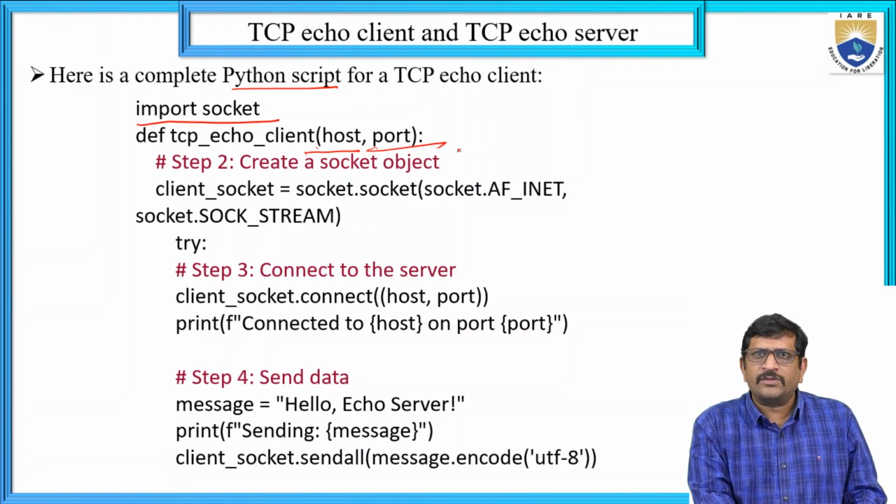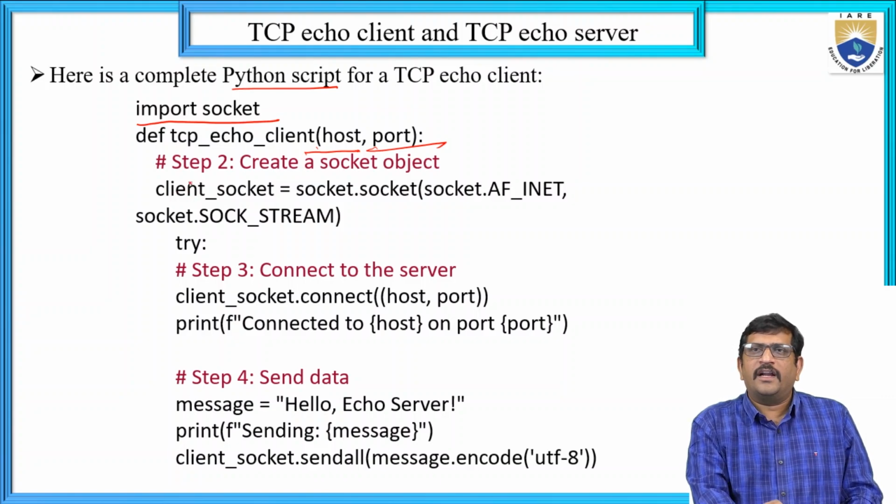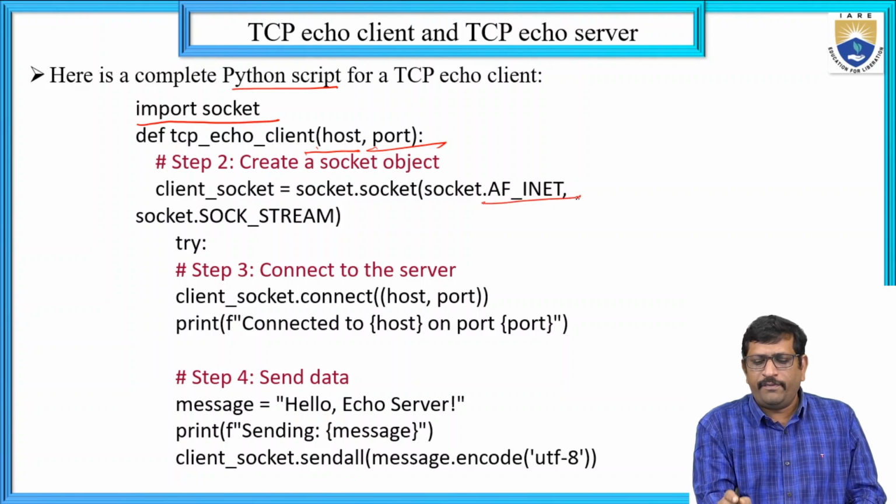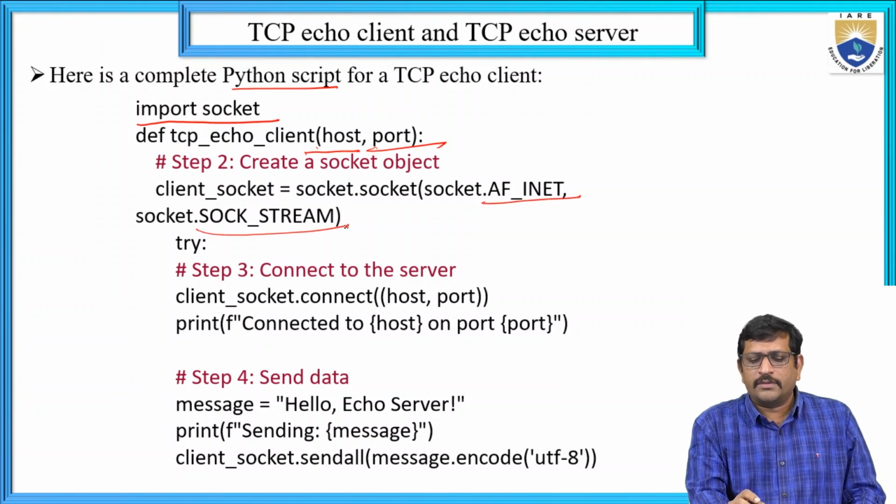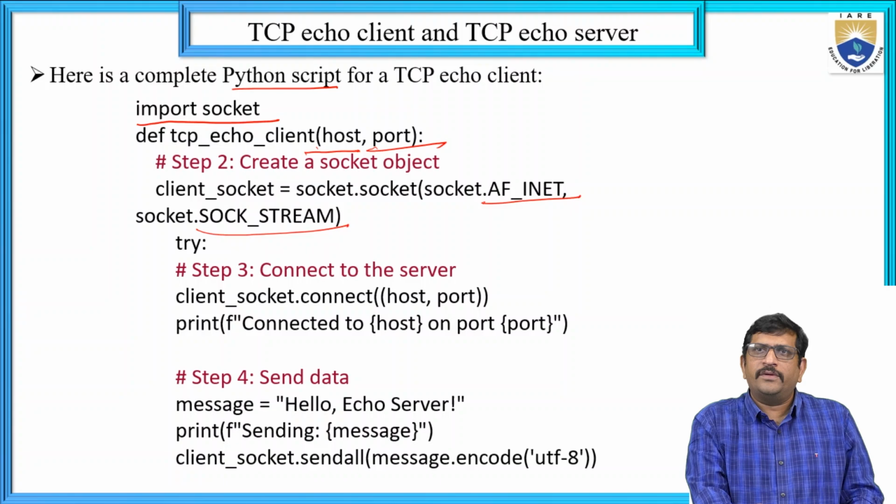How are we creating the socket object? By using the socket method with the address family AF_INET and the socket type SOCK_STREAM. By using these arguments we can create the socket object.